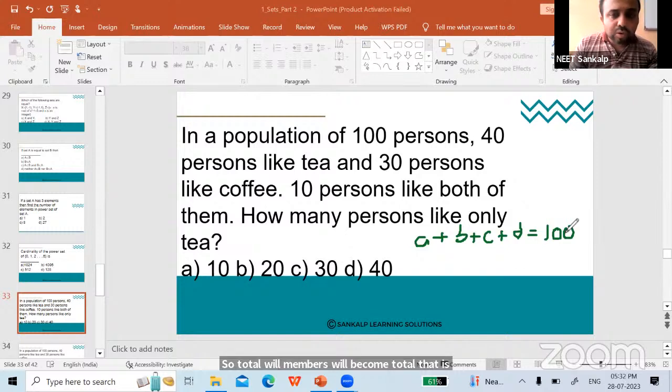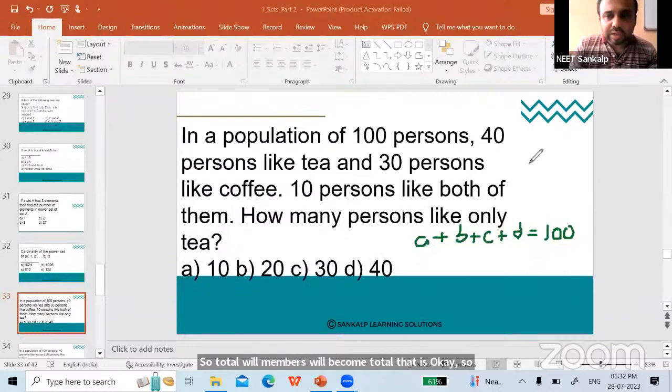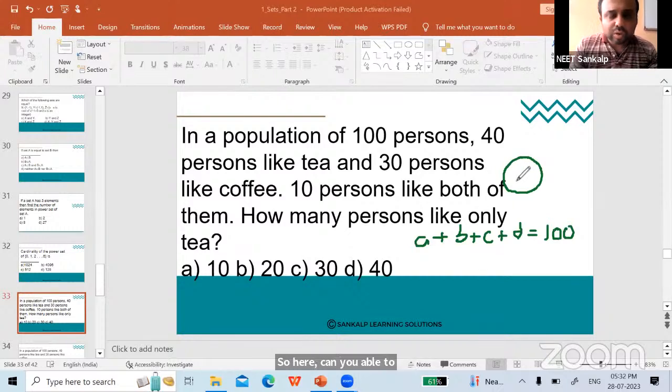Now let me show it with the Venn diagram so that you can understand this better. Can you see this Venn diagram? I will call set A the tea members, writing it as T because there is no space.